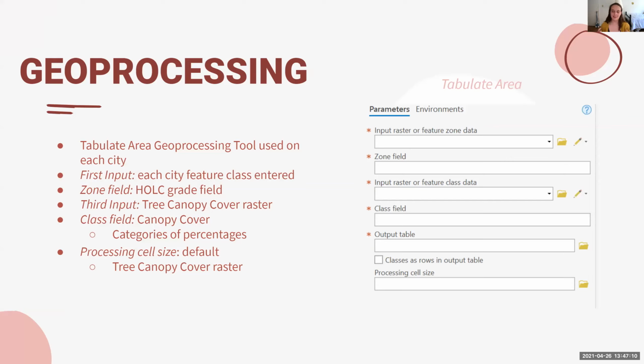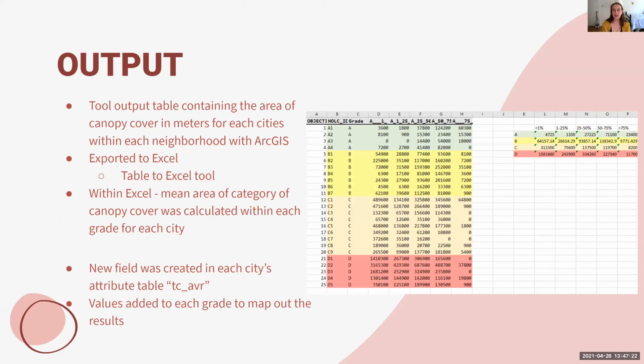The third was the raster, the tree canopy cover raster, and the category was the canopy cover percentage category. And the processing size was left at the default. So after running that tool for each of the 8 cities, it output 8 separate tables, which contained the area of canopy cover in meters for each of the cities within each neighborhood in ArcGIS.